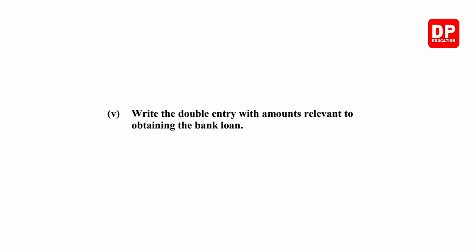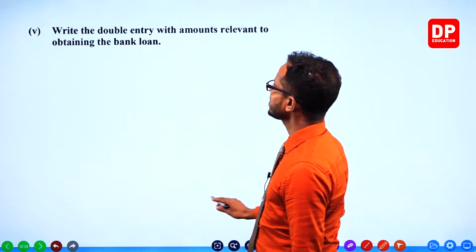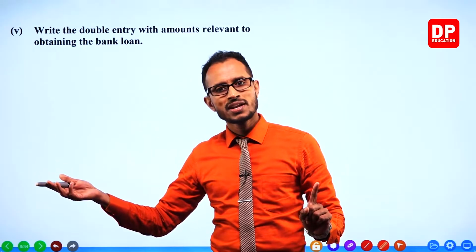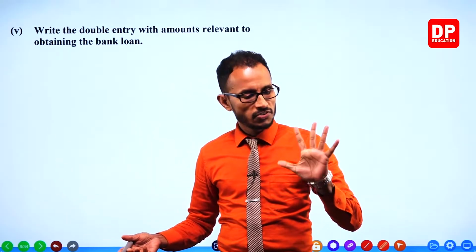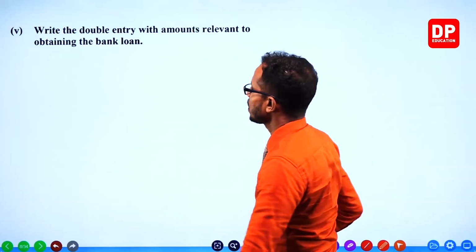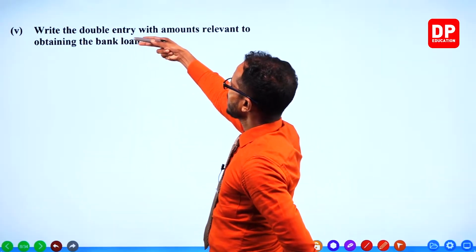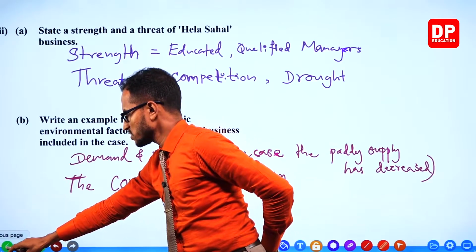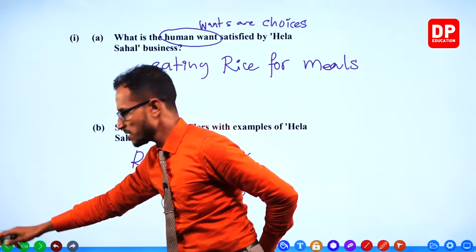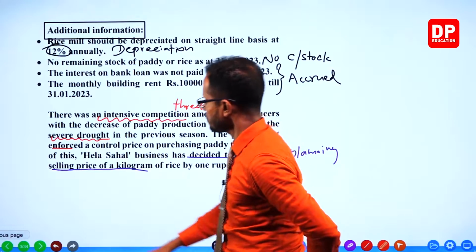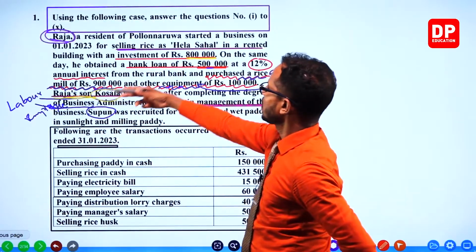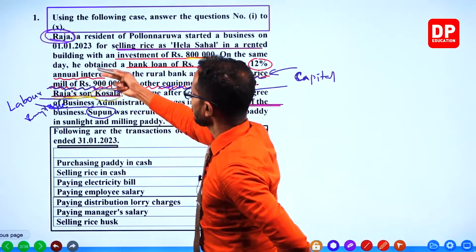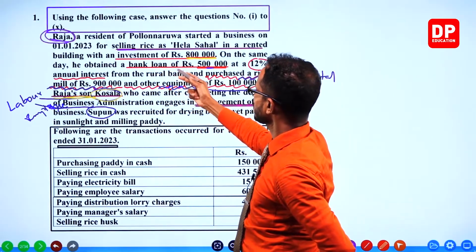Next, here comes the accounting questions. Up to the 4th Roman number, it's BS. From the 5th, it's accounting. Write the double entry with amounts relevant to obtaining a bank loan. Oh, that's easy. It's a double entry. How much was the bank loan? Invested 800,000. On the same day, he obtained a bank loan.